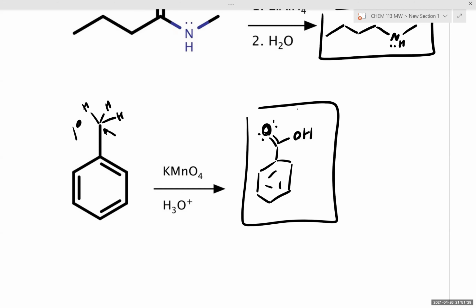And if it was secondary, it would be an aldehyde? It would be a ketone, but yes. If it was secondary, we would only be able to oxidize it up to the ketone before it stops, because we have another substituent on the opposite side. Does that make sense? Yes. Perfect.